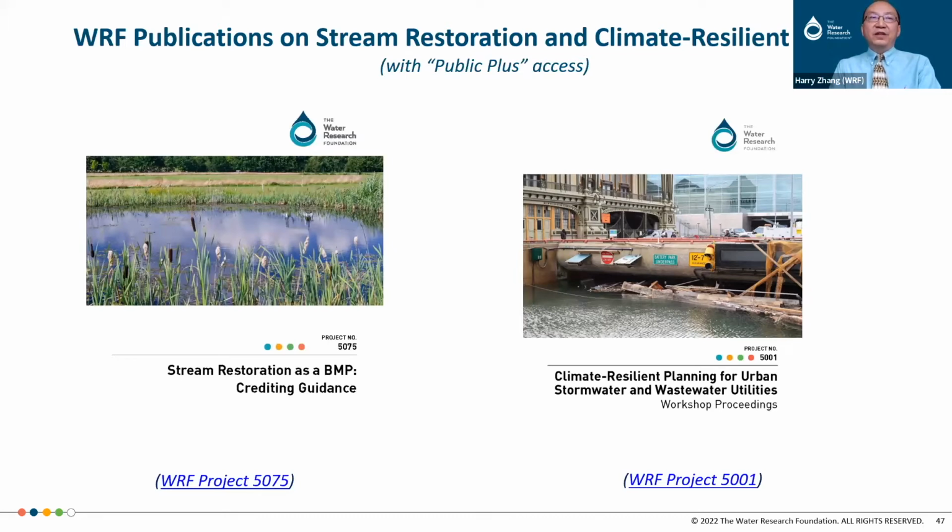People want to see, can I get water quality credit if I do a stream restoration? So we just released a guidance document, updating the 2016 guidance document on stream restoration as a BMP credit guidance, and also for wet weather. Sometimes climate resilience comes into play. So here are some other resources for you.